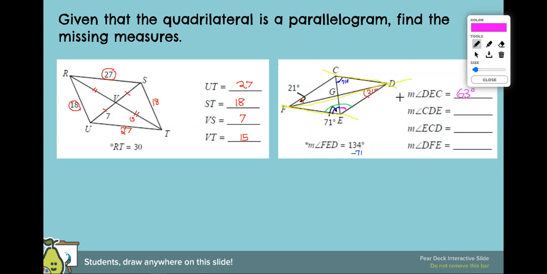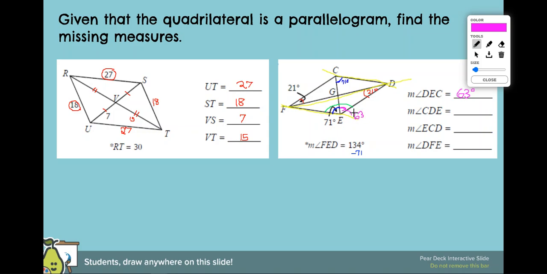Now it's asking us to find CDE. Now that's going to be a little bit more of a challenge. CDE is this larger angle. And we might have to use some other facts first, find some other information first.